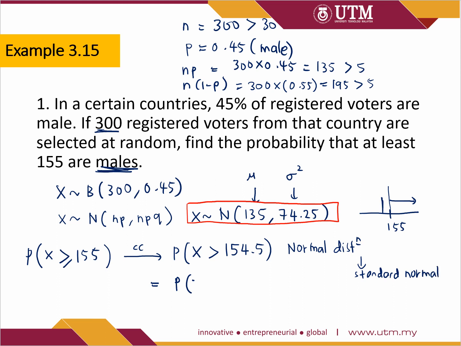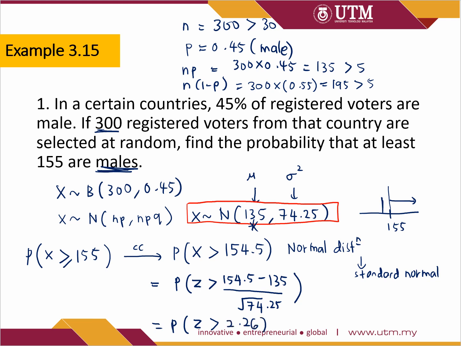So this one would be z greater than 154.5 minus the mean. The mean is obtained from here, divided by sigma, only sigma. So the square root of 74.25. So you will get the probability of z greater than 2.26.